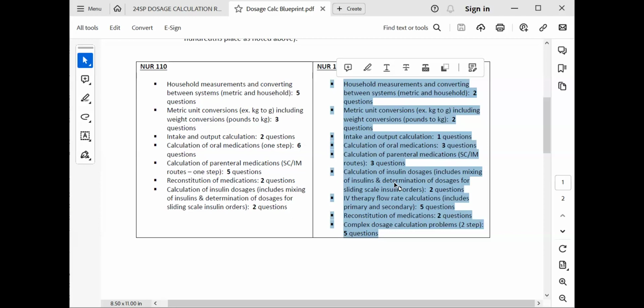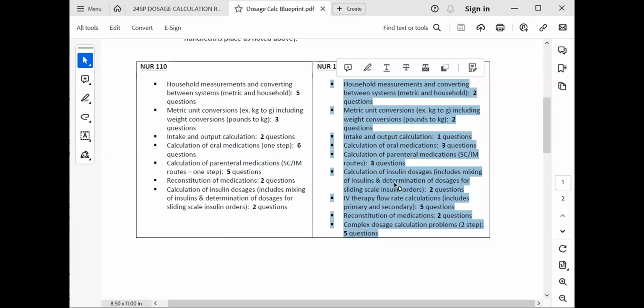Then just create, like, 2 questions that would qualify as household measurements, 2 questions that would qualify as metric unit conversions, a question or 2 that would indicate intake output, meaning the fluid replacement volume question, and then on down, because this is the template that they're using when they set up the questions. That's the template I tried to follow when I created these practice tests.